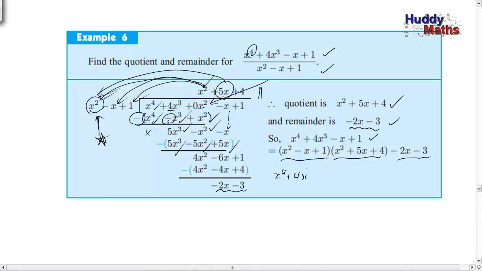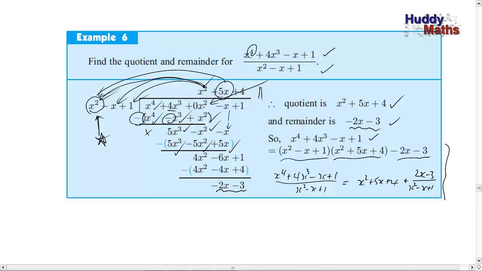We have divided that expression out, and we found it went this many times, and the remainder was 2x take 3 over x squared take x plus 1. Always trying to write both summaries of what's happening there.